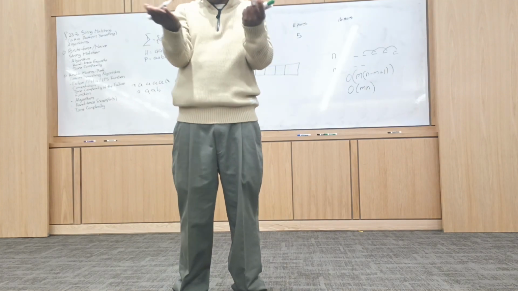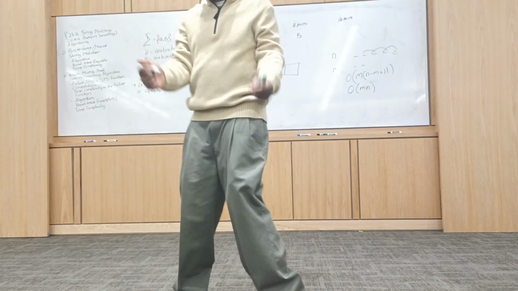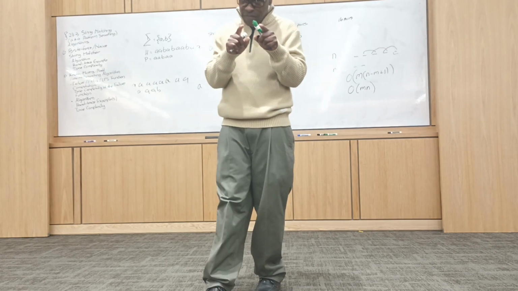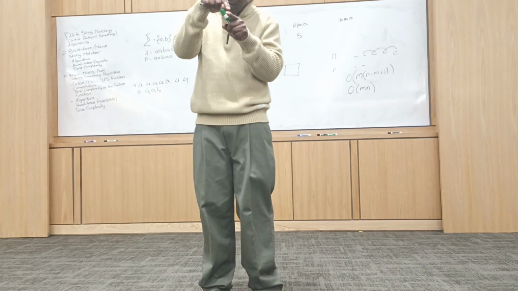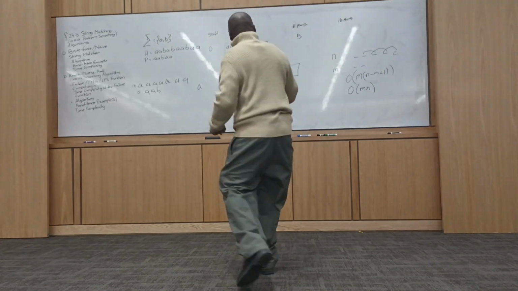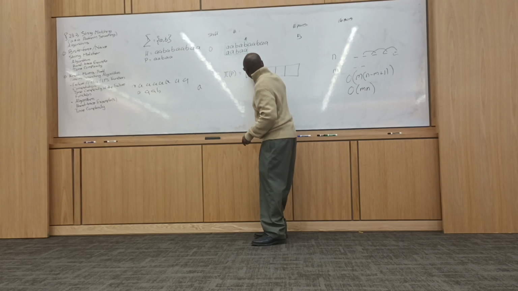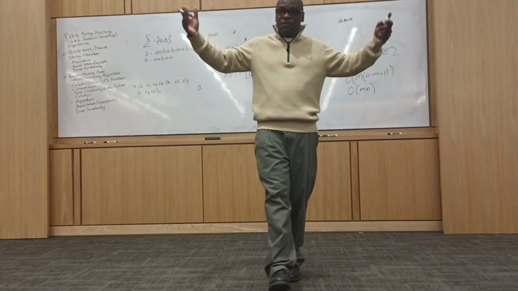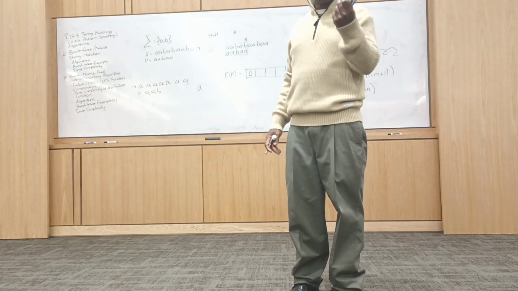No, because I would have to use the entire string, right? The failure function gives you the longest prefix that is also a proper suffix of the string. So pi of the first prefix is always 0. That's a freebie.